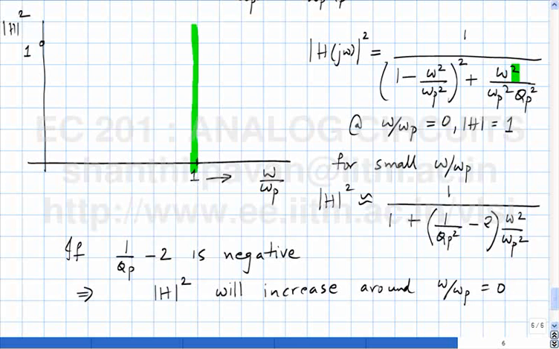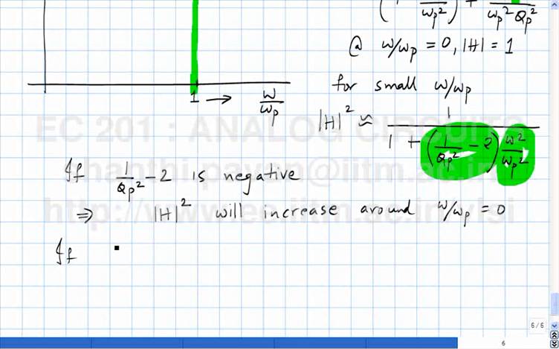Is that clear? So if this term is negative, then as I increase omega square by omega p square, the denominator becomes smaller. 1 over the denominator must get larger. So what I will see will be a transfer function like this.